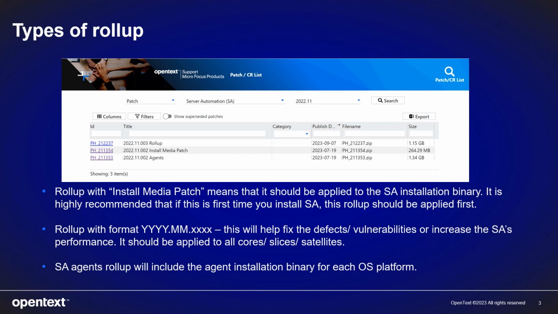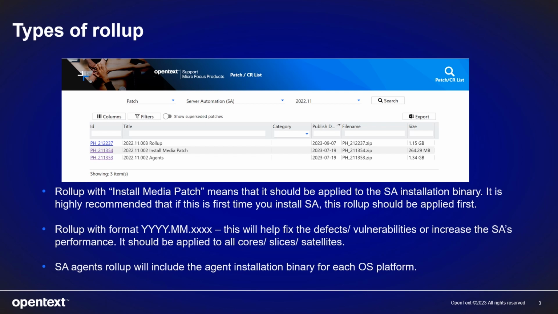First is the media patch, created to prevent any failure when a user first deploys SA on a server. If this is the first time you deploy SA, I personally recommend that you apply this rollup, this patch, first.